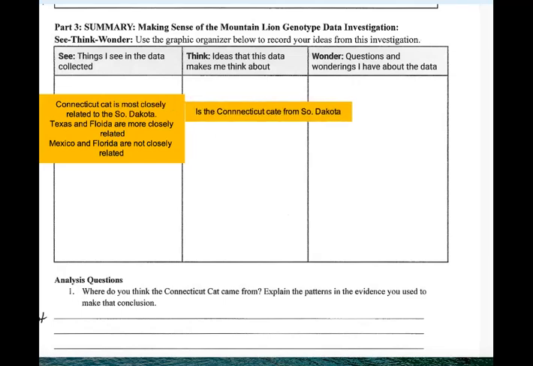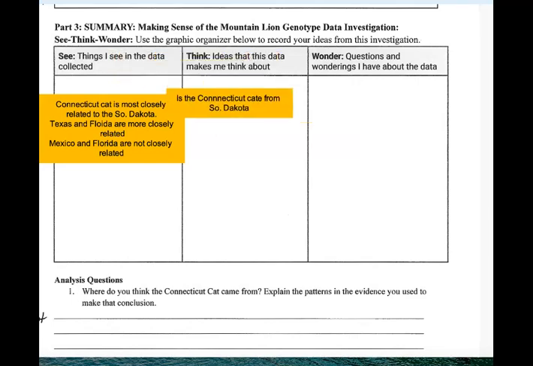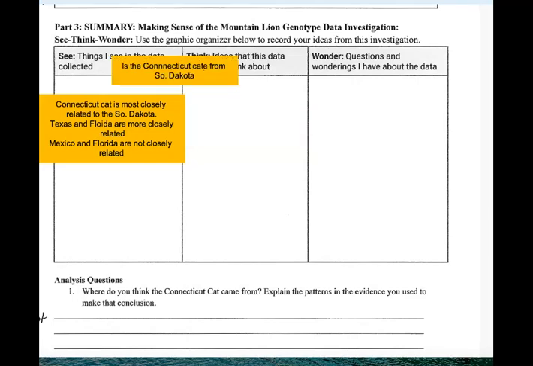And also, did the mountain lions in Mexico or Florida do something similar?